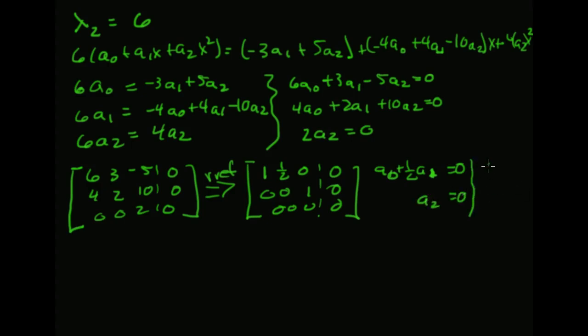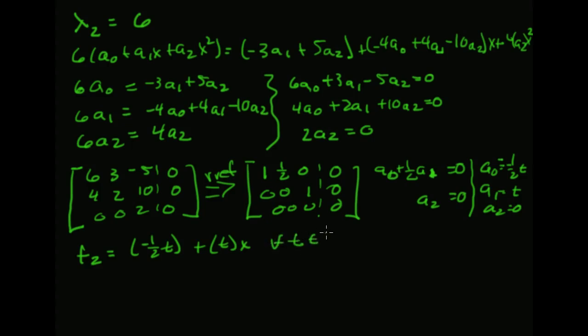So this means a0 is negative 1/2 t, a1 is going to be t, and a2 is 0. So the function that works here is going to be negative 1/2 t plus t times x for all t which are reals.